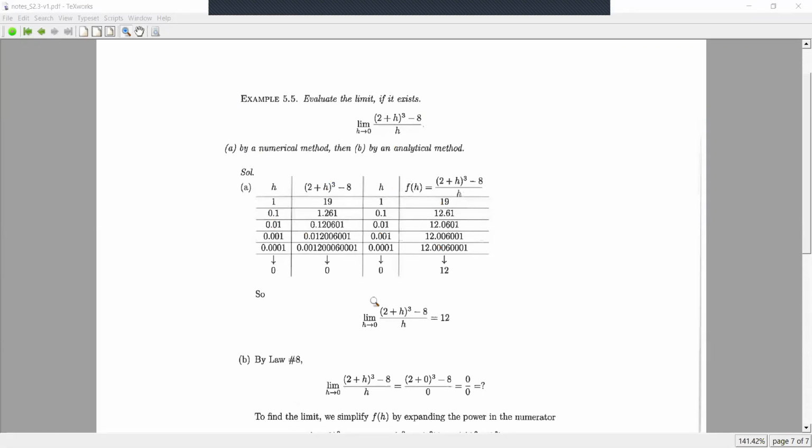The third column is the denominator of the function, and the last column is the function. Now, from this table, we can see that as h is approaching the number 0, the function is approaching 12. Therefore, 12 is the limit.